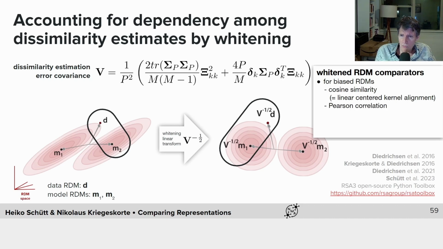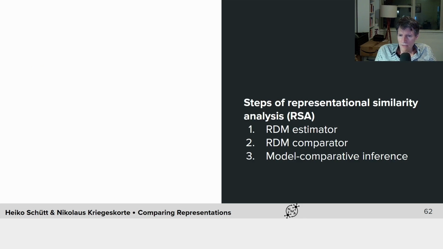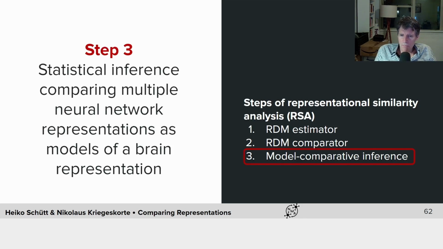But it's more general than that. We can also use the Pearson correlation in the context of biased RDMs, or we can use unbiased RDMs, so these unbiased cross-validated distance estimators, and then use the cosine similarity or the Pearson correlation and have whitened RDM comparators for this context.